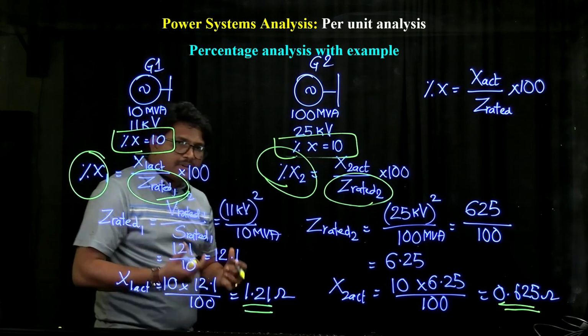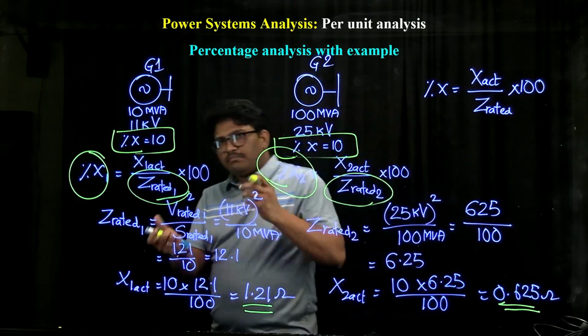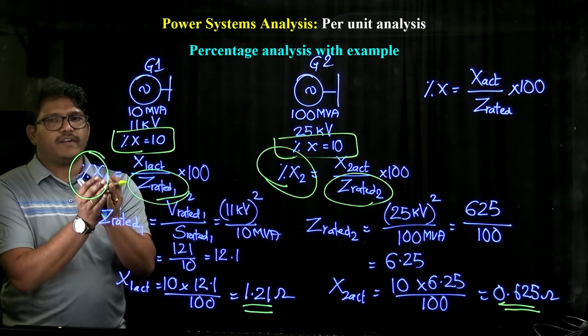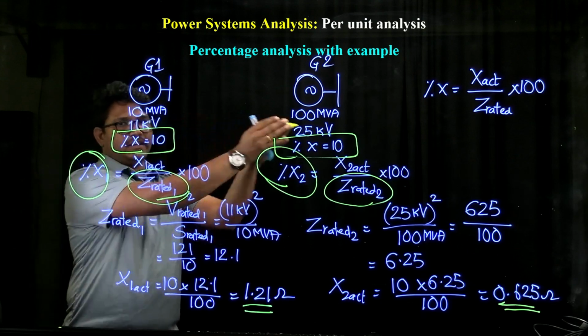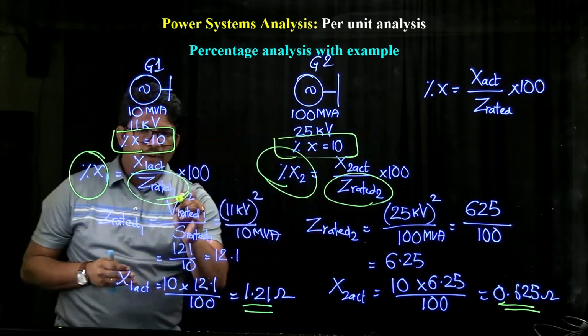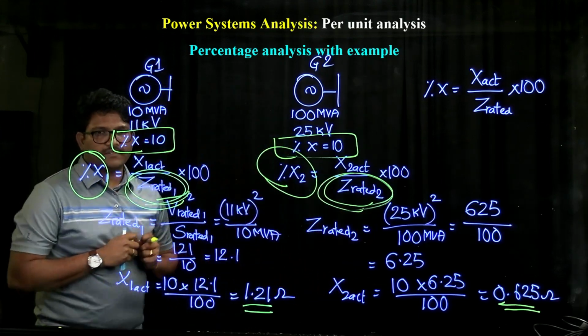And the whole purpose of choosing the percentage analysis or some kind of analysis is to have a common reference for all of them, even when they have different ratings. Now we have different ratings, but still we ended up having a different reference in our quantities representation.